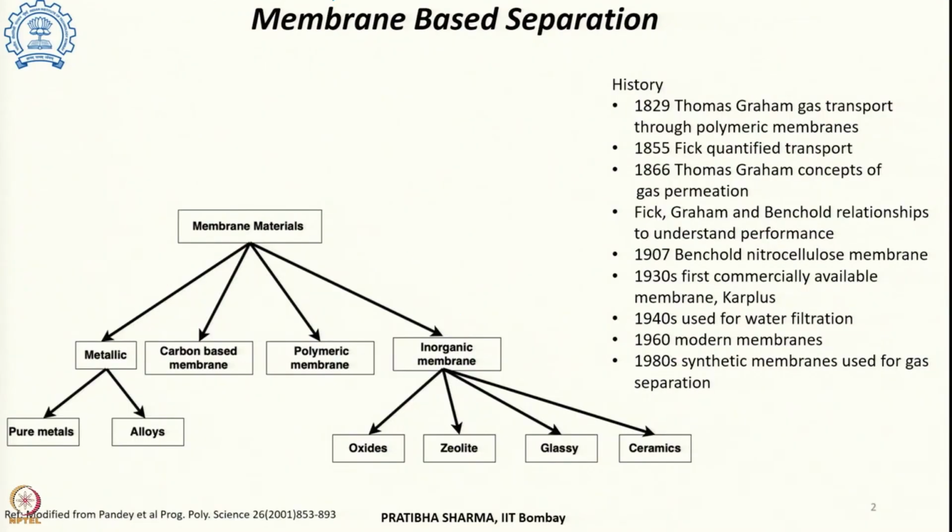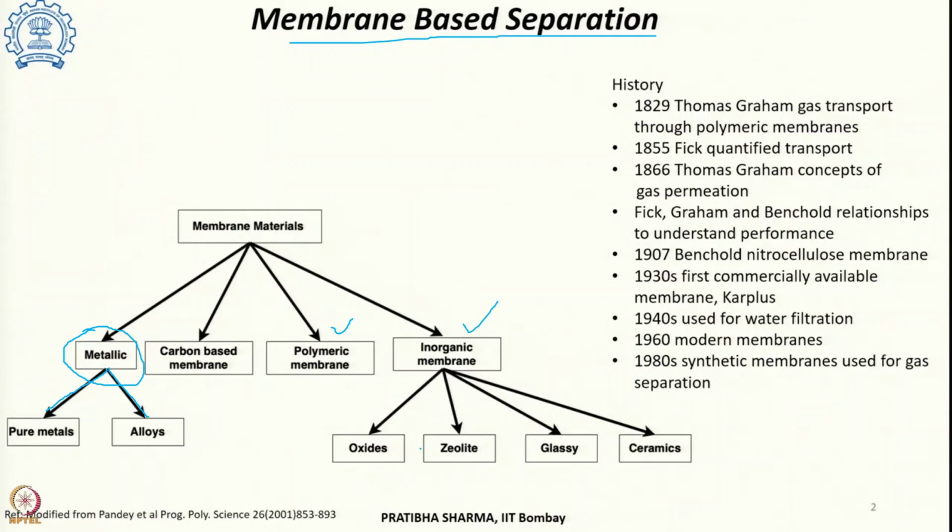Okay, next I'm coming to the membrane based separation process. Membranes are categorized according to the different membrane materials, like metallic membrane. It is made of metal, which can be pure metal or an alloy. Then carbon based membrane, polymeric membrane, and inorganic membrane.